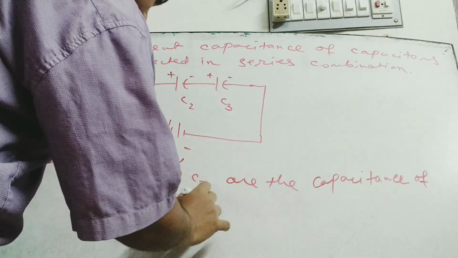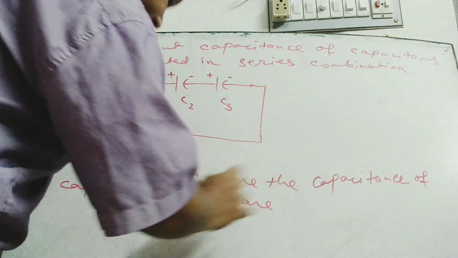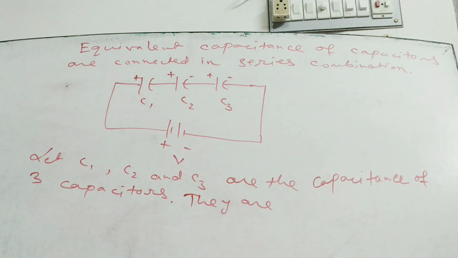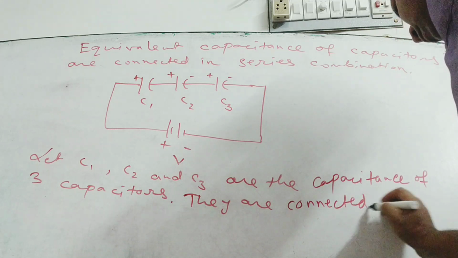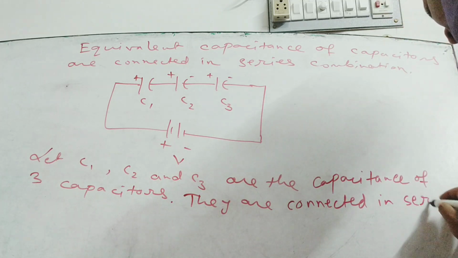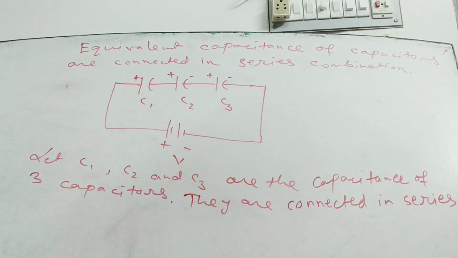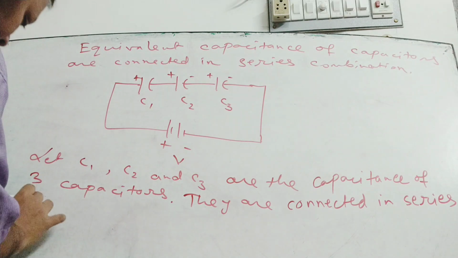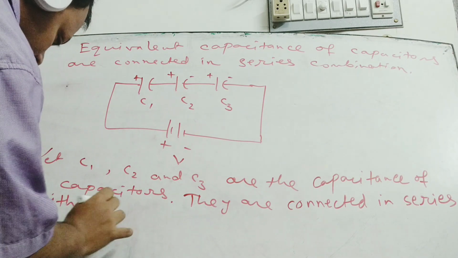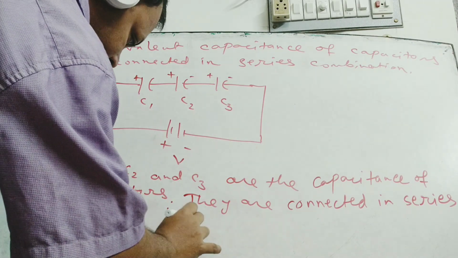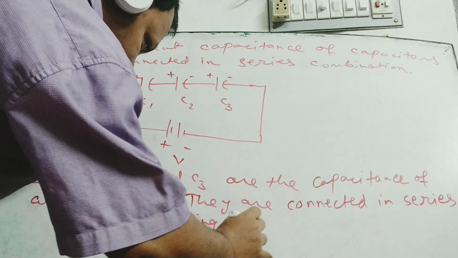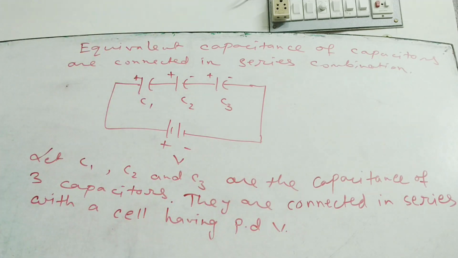They are connected in series with an electric cell having potential difference V.